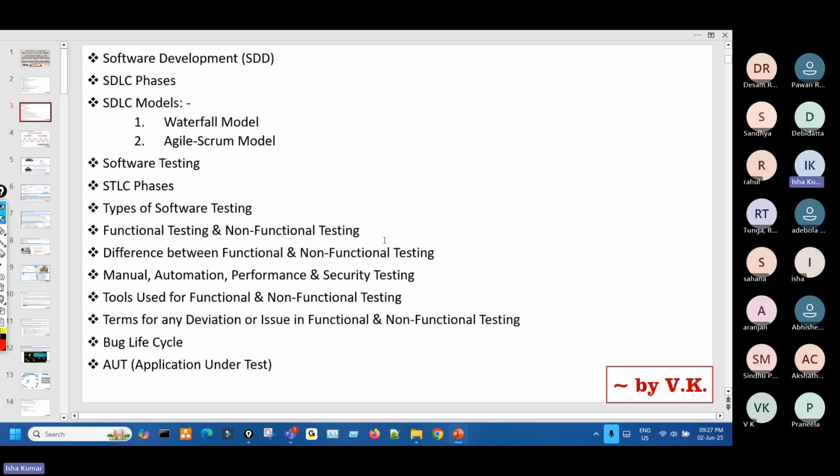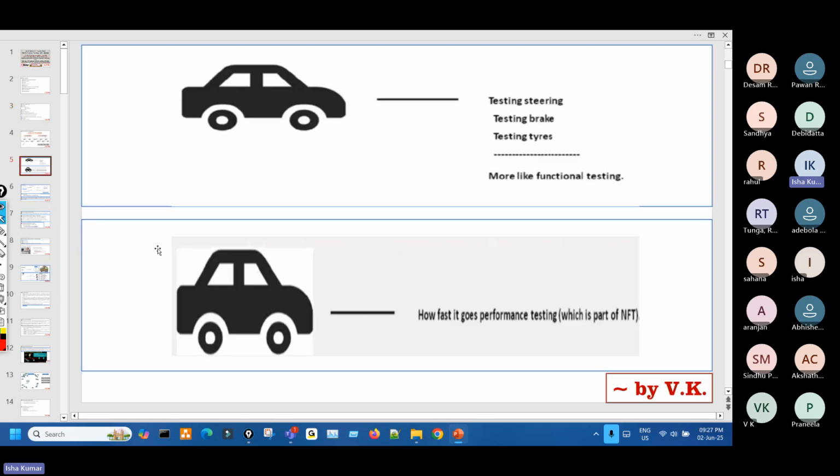Basically, things start with types of software testing, correct? In that comes functional testing and non-functional testing. So let us first understand the difference between functional and non-functional. To understand that, suppose there is a car being designed and developed, and once it's ready, there will be two types of testing of it. First, whether each component, like the braking system, each small component, is working as per its functionality or not.